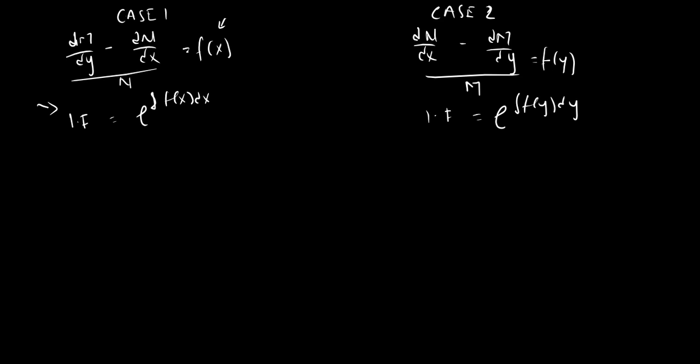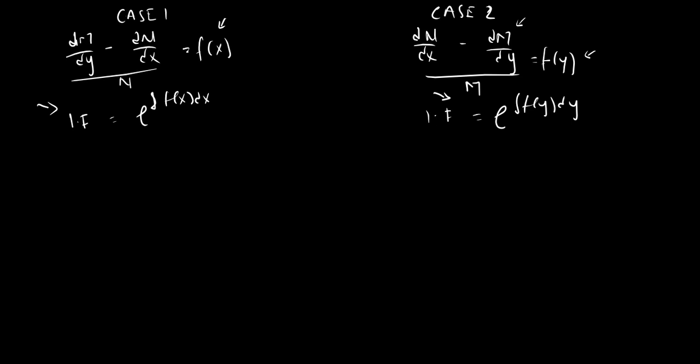If you check and it is a function of x, then you are going to find the integrating factor using this formula. And if you check for case 2 and it's a function of y, you are going to use the integrating factor using this formula that we have here. After getting the integrating factor, you multiply the original equation by it.